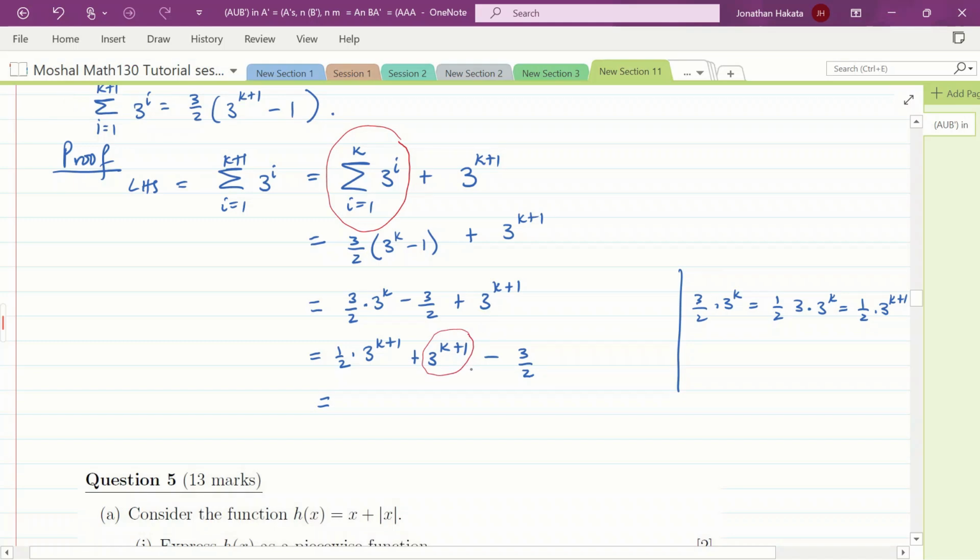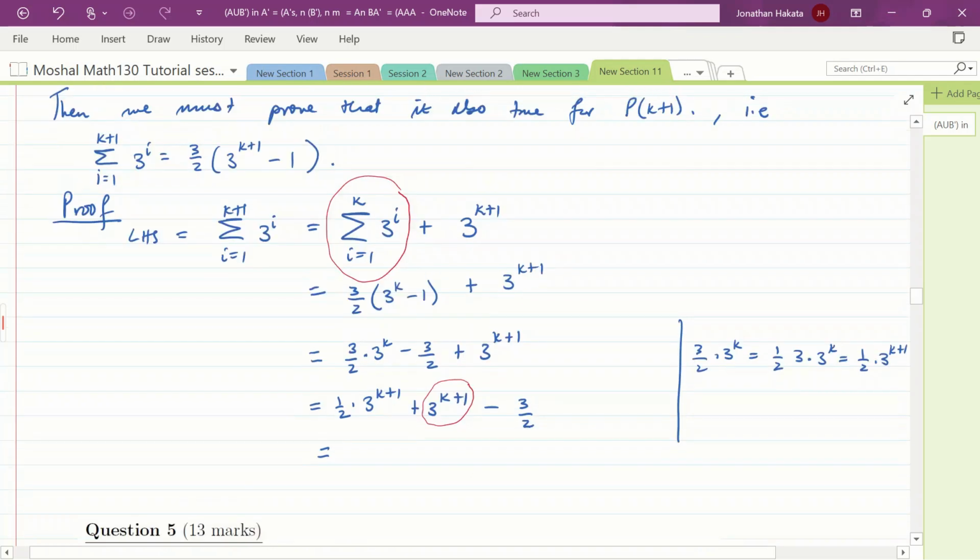Why am I thinking this way? Look at the right hand side that we want to achieve. This is the right hand side that we want to achieve. We have a 3 over 2 factored out. If I look at the expression now where I am, the 3 over 2 is fine, but here I don't have 3 over 2. So I must take a 3 from here and place it on top of this.